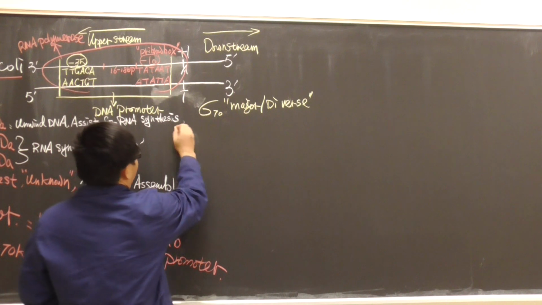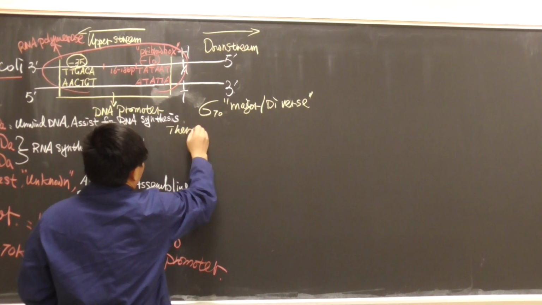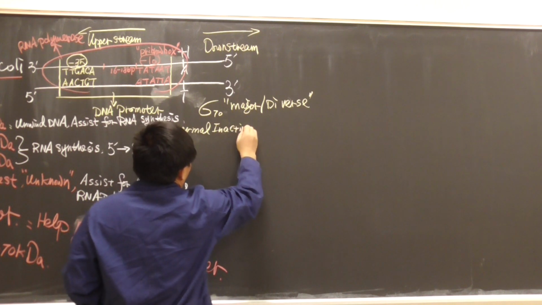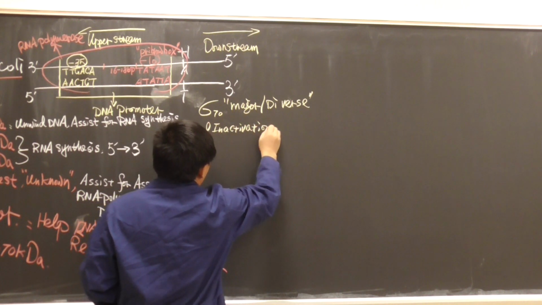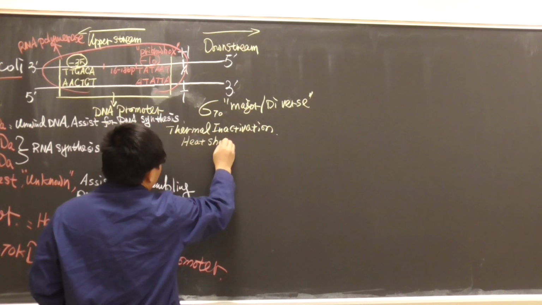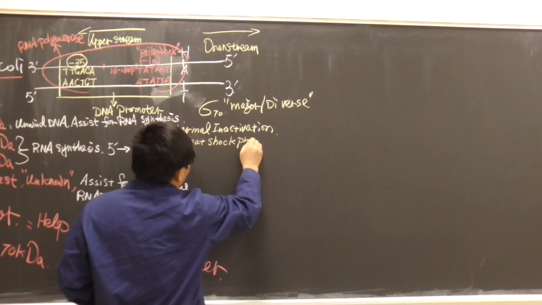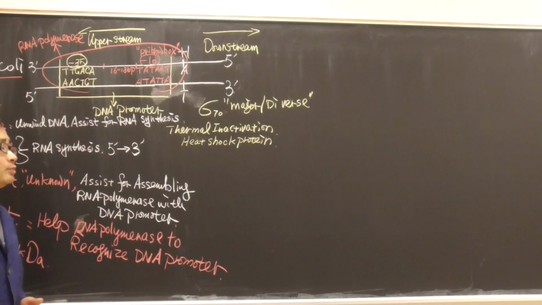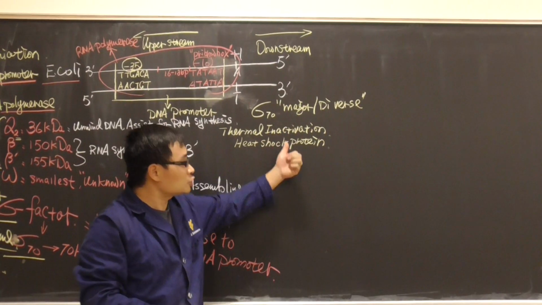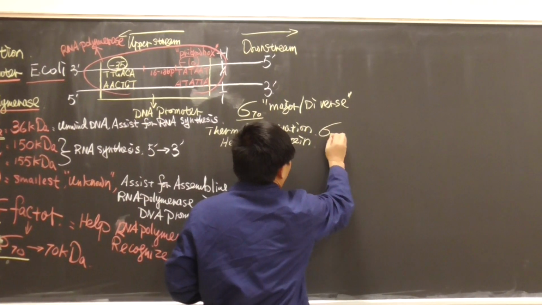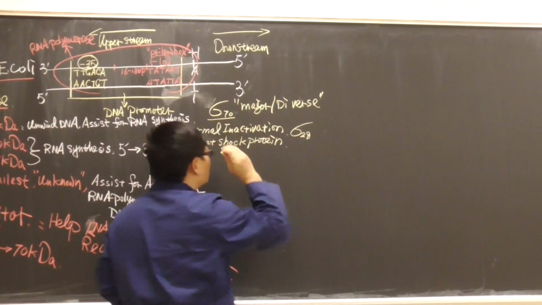Let's say in a thermal inactivation status, we're going to have a heat shock protein. At the end of the day, bacteria have to translate it as a heat shock protein to survive. So during the transcription, that is not sigma 70, that is sigma 28. The sequence is different.